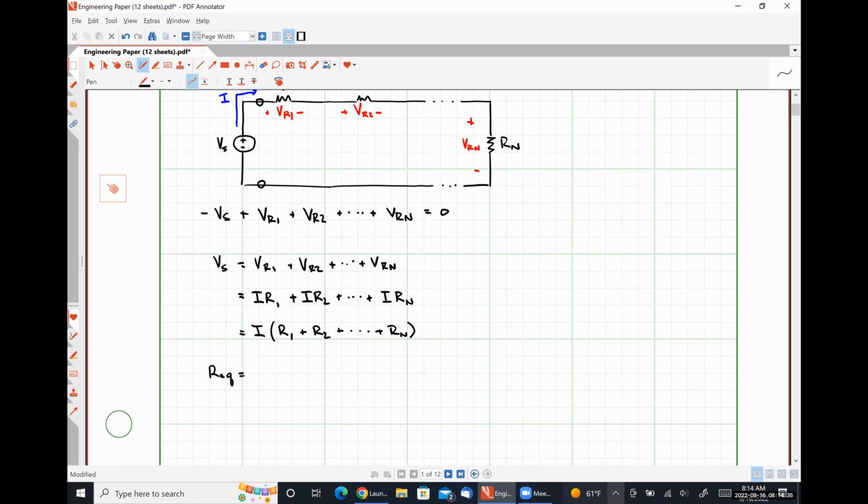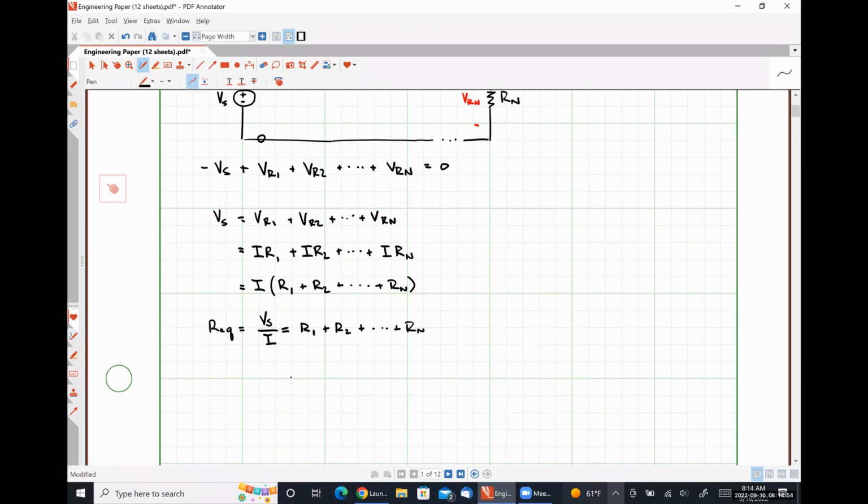So we can define our equivalent resistance, Req, in this case, to simply be the ratio of Vs over I from Ohm's law, which is thus just R1 plus R2 all the way out to R sub n, or in a slightly fancier mathematical notation, the summation from i equals 1 to n of R sub i.